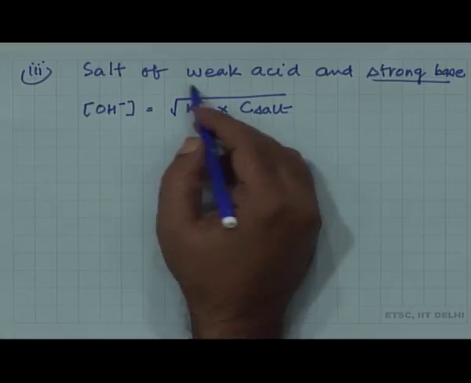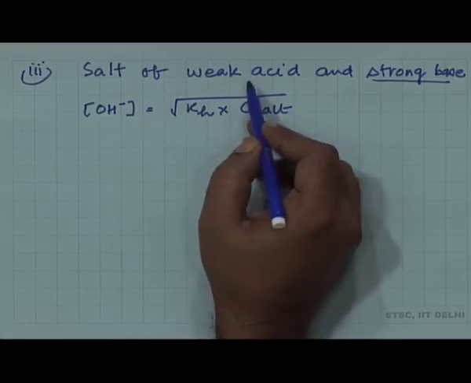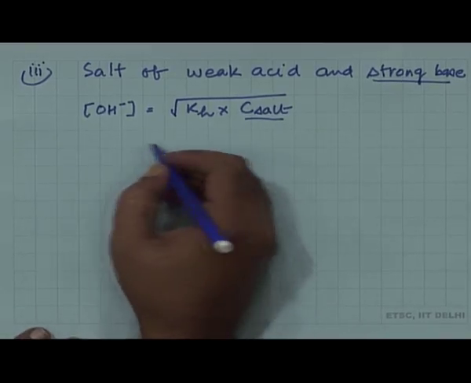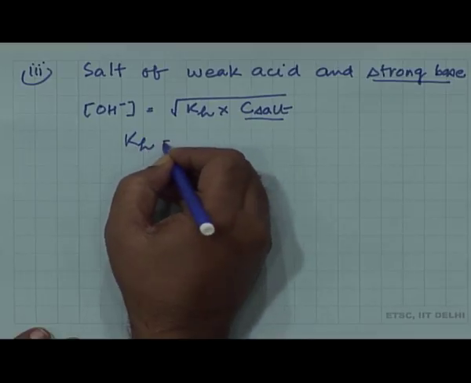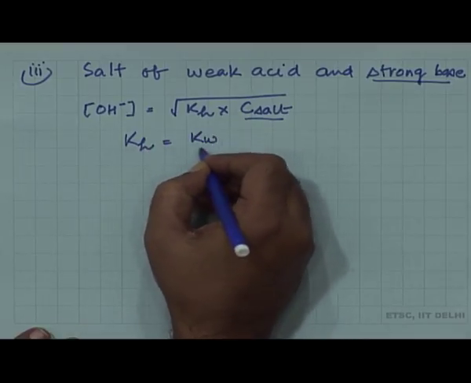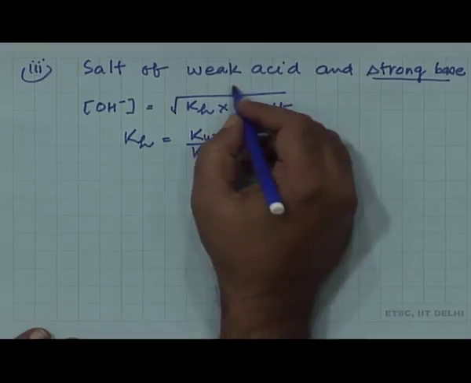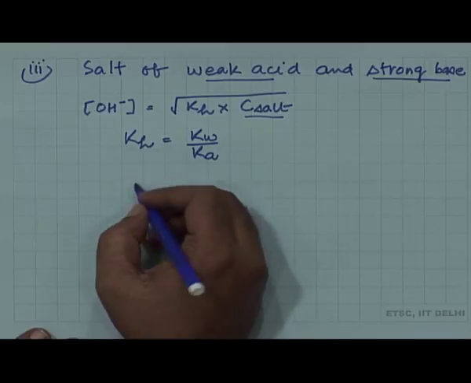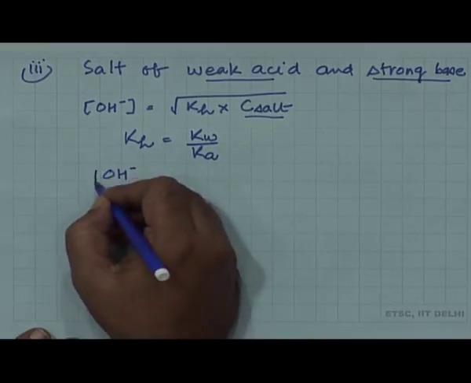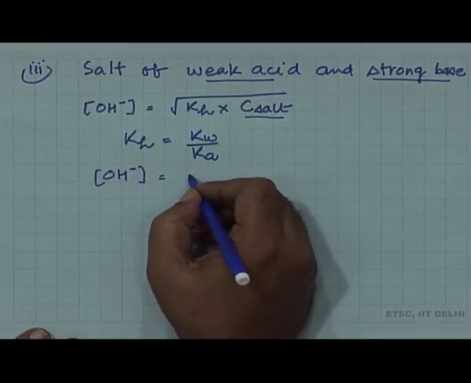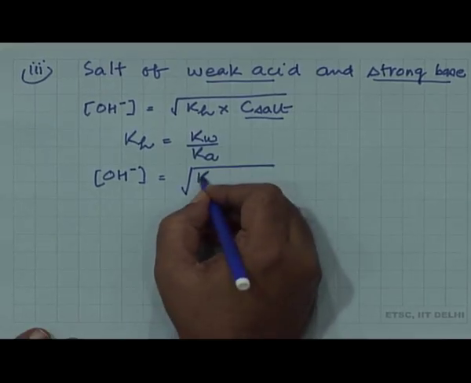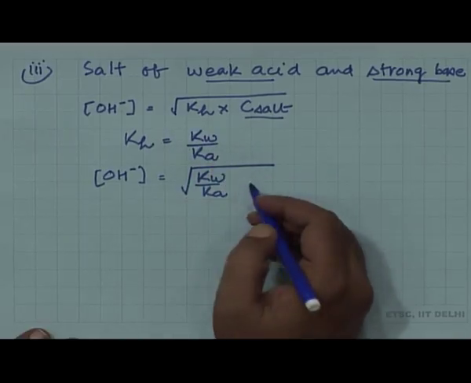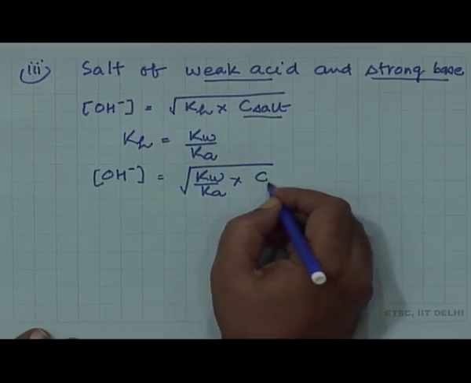Kh is the hydrolysis constant of this salt and this is the concentration of salt, and Kh in this case will be given by Kw by Ka, since this is salt of weak acid. So, OH minus ion concentration is equal to root under Kw by Ka into C salt.